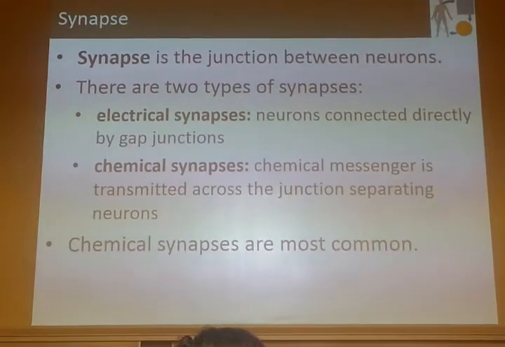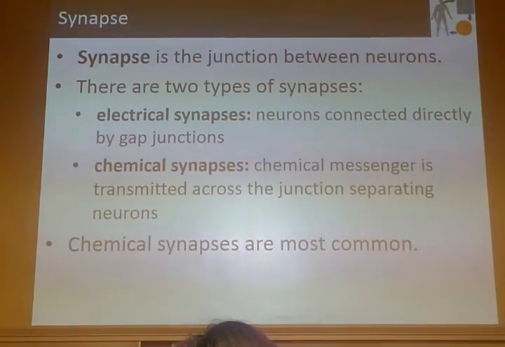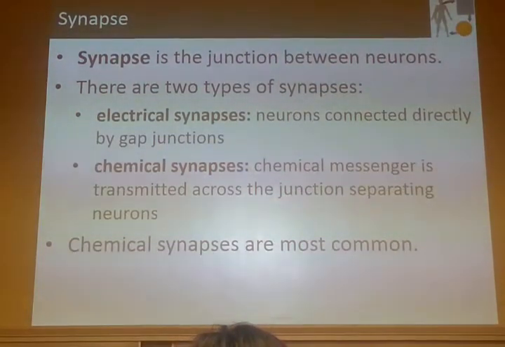There you get the current actually flowing from inside one cell to inside another cell. So gap junctions, remember, are connexons, series of 6 proteins that create a channel between the cytoplasms of 2 adjacent cells.